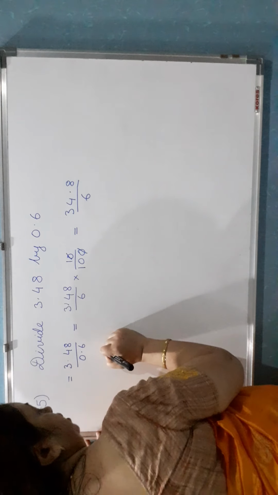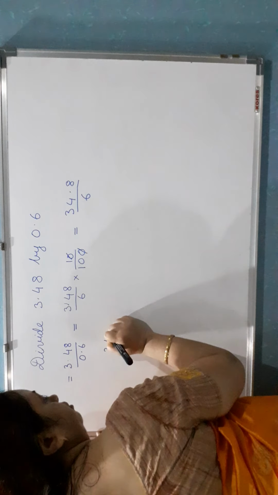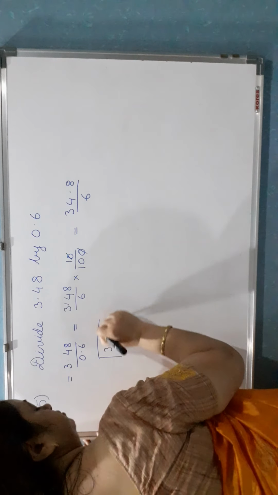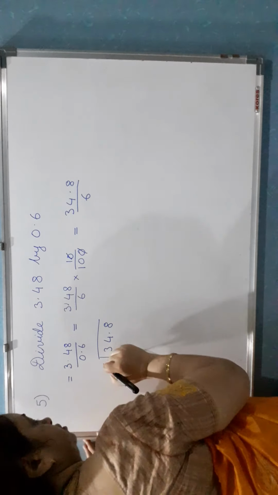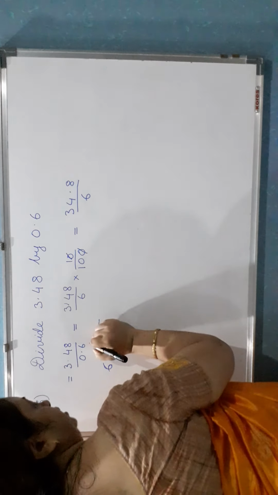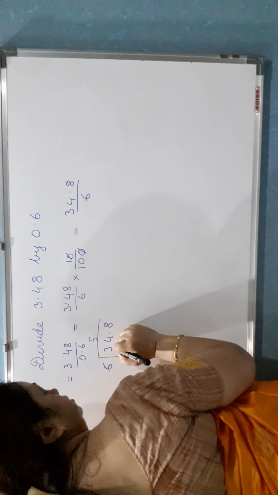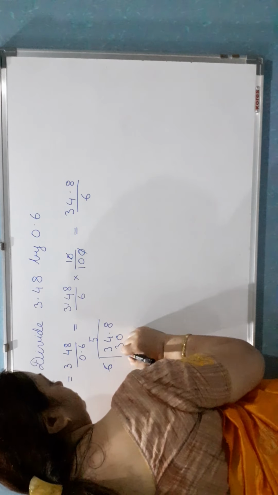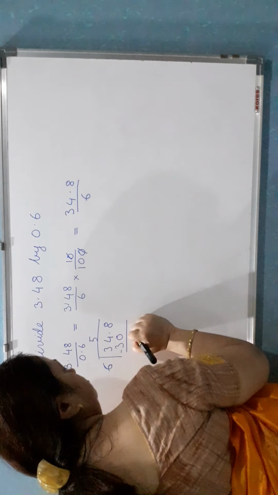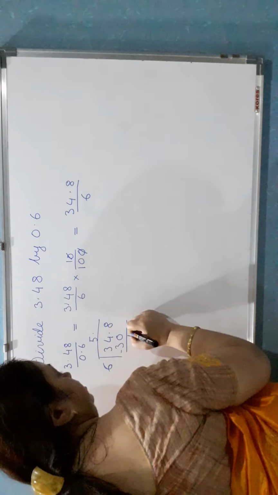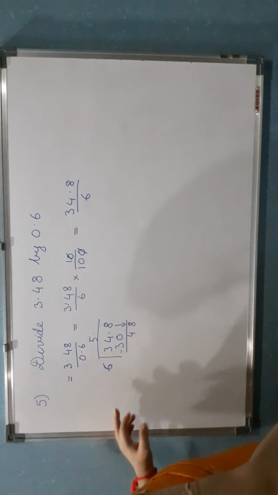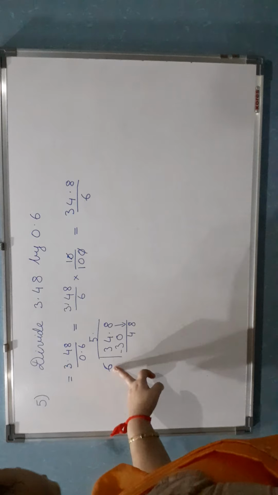Now you divide this one, 34.8 divided by 6. So 6 5s are how much? 30. Then minus it. 4, the point will be here, 8. So 6 8s are 48.